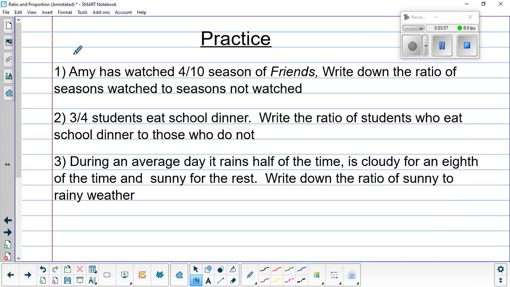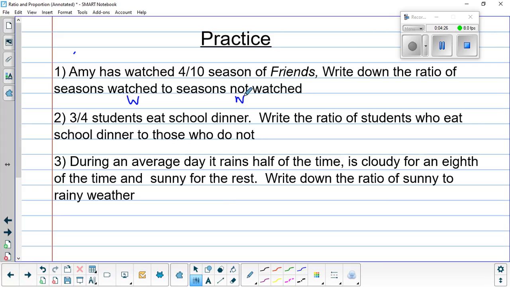Right, so let's look at question 1. Amy has watched 4/10 of the seasons of Friends. So we want to write down the ratio of seasons watched to seasons not watched. So I'm just going to put that as W for watched and N for not. Okay, so this is why sometimes it can be beneficial to label stuff, because it's not a really good way to label that one.